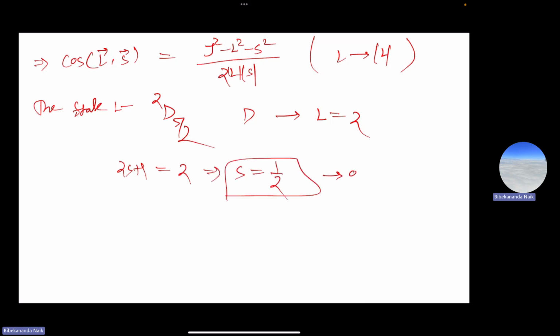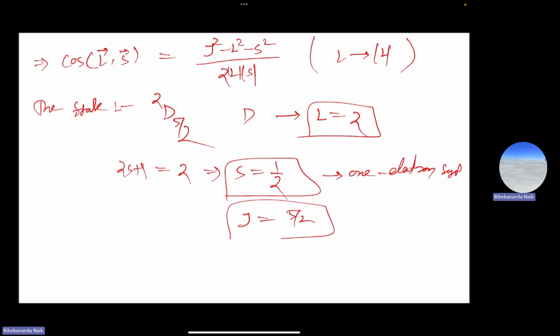Also this is a 1 electron system, which is given in the question. So L is 2, S is half, and J, as you can clearly see, is 5 by 2. If we put these values in the equation, theta, which is the angle between L vector and S vector, will be J square minus L square minus S square divided by 2LS.